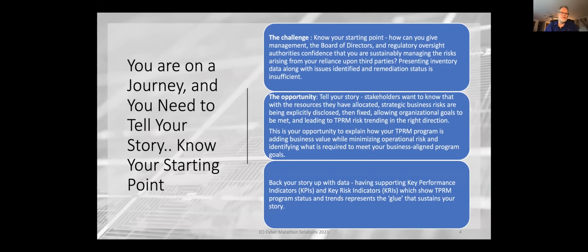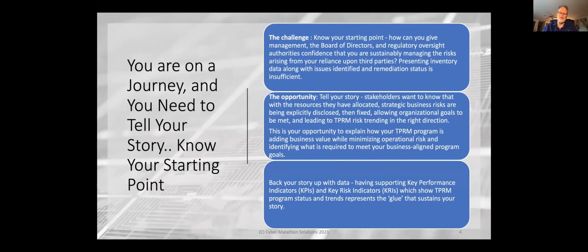So when we talk about third-party risk management, we're talking about a journey that you're on. And whenever you tell a story such as this, you have to know where you're starting. You have to know where you're going to. And you have to have a means to communicate that to the various stakeholders that you're working with.